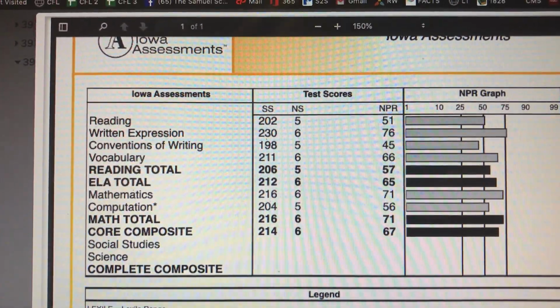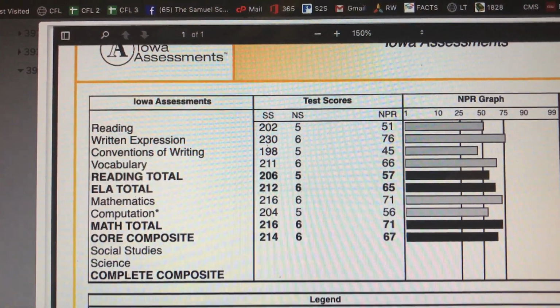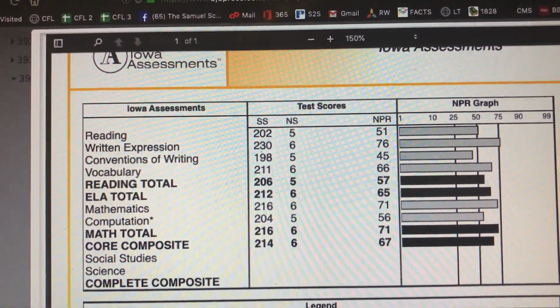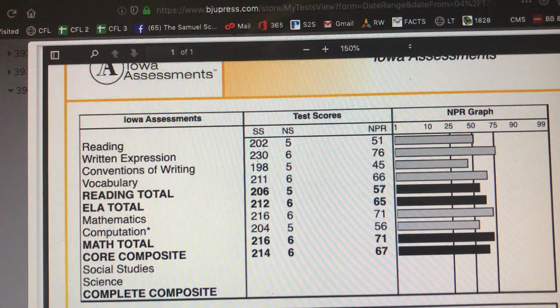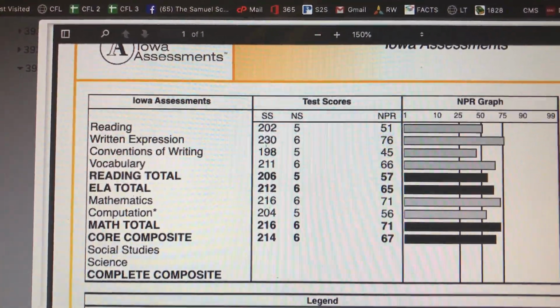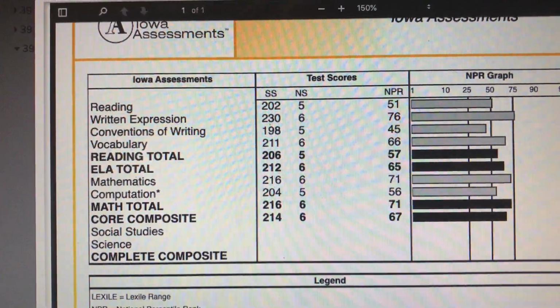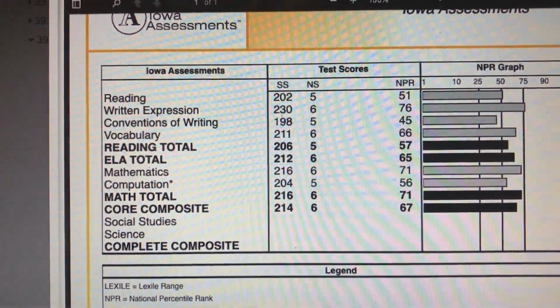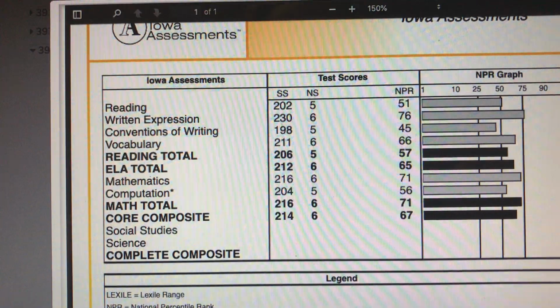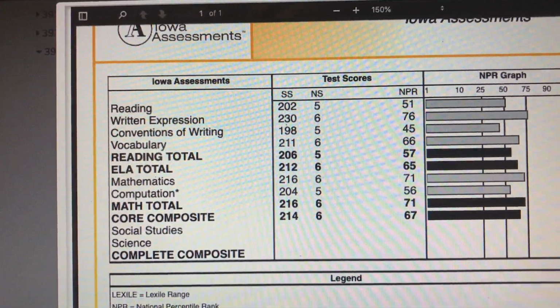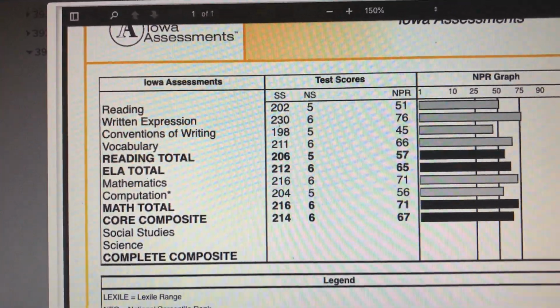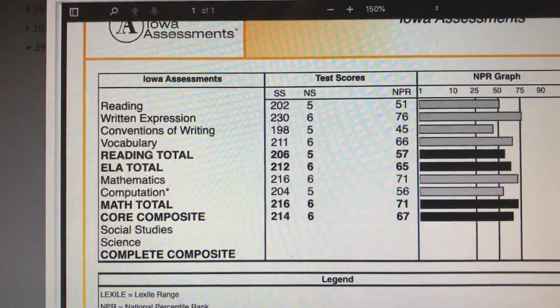And then if you add the ELA and the math together, then their overall average is the 67th percentile. So this student in particular just finished up the 4th grade, but they are really performing well above grade level when compared to the average 4th grader across the nation.